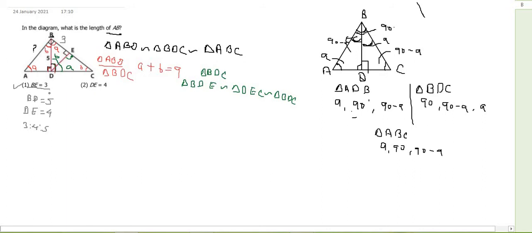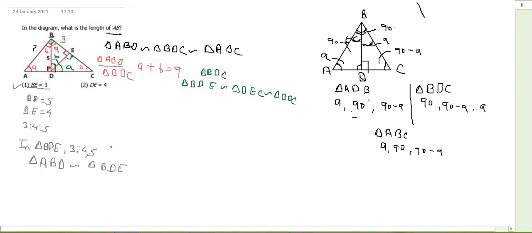So since you have to find the length of AB, we know that in triangle BDE you have the length of all 3 sides, which is 3, 4 and 5, right? I am going to consider triangle ABD because I need to find the length of AB. It is definitely similar to triangle BDE.